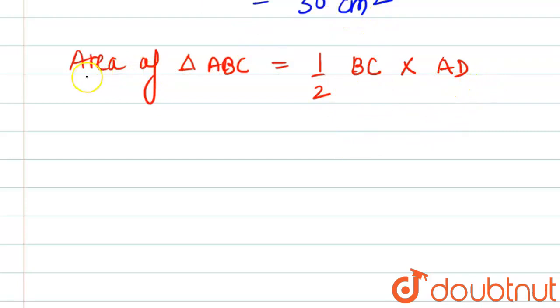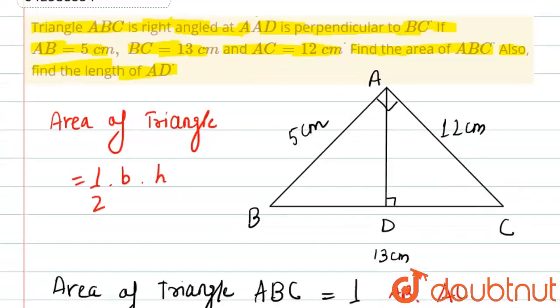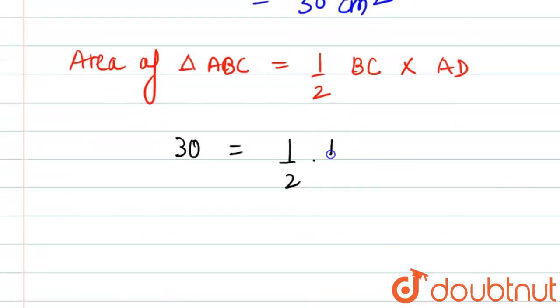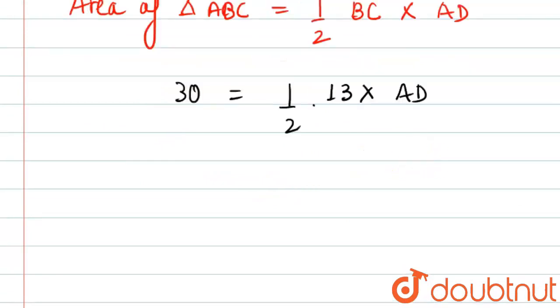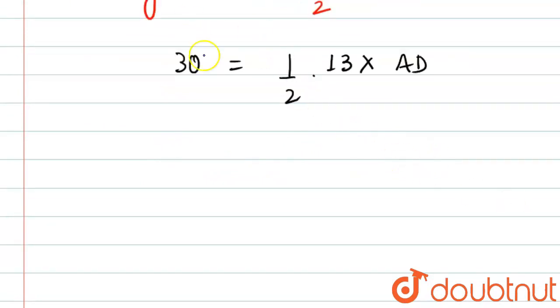So area of triangle ABC, 30, equals half into BC. Now BC is given as 13, and AD we have to find out. All values are given and AD is unknown. So that's how we find AD here.